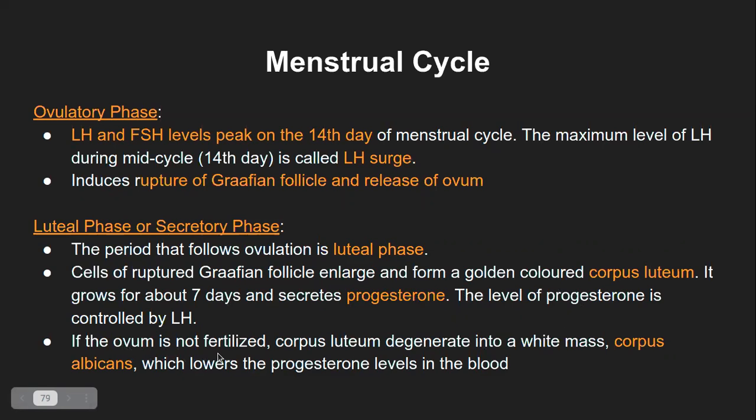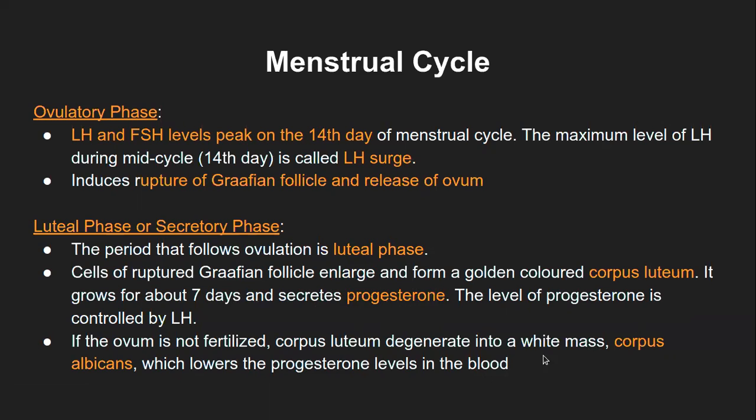If the ovum is not fertilized, that means if the ovum which is released doesn't come in contact with sperm, the corpus luteum will degenerate into a white mass. So up to 7 days, it will maintain the progesterone. It will see if there is a fertilized egg. The maintained progesterone level will stay as it is.